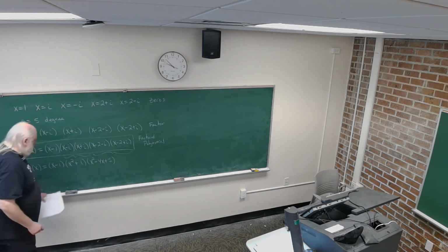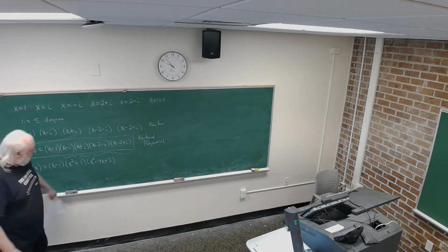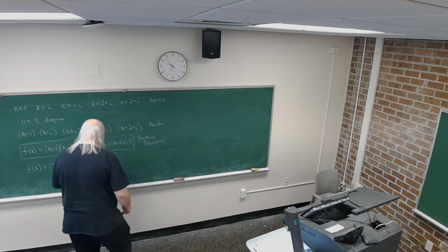Okay. Now you can see there's not a complex number anywhere. So if we were to continue to expand this and write the polynomial in standard form, all the coefficients would be real numbers, because there's not a complex number anywhere.